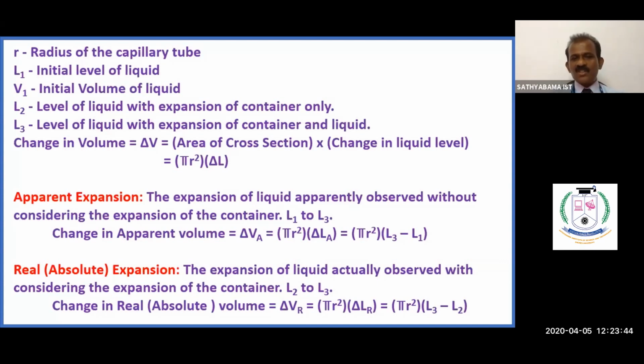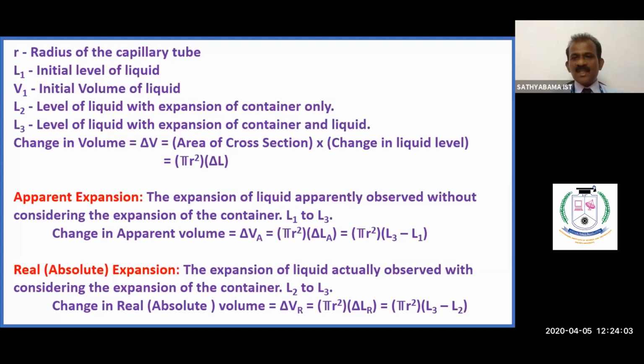Now, see the change in volume. General formula, change in volume, normally length into breadth into height. Here, the tube is capillary. Therefore, the area of cross section of that capillary tube is pi r squared, where r is the radius of the capillary tube.